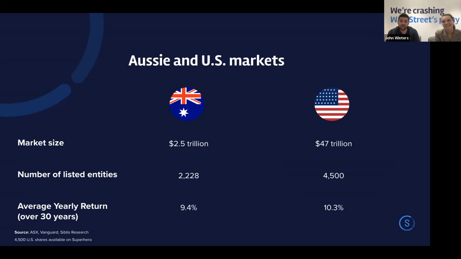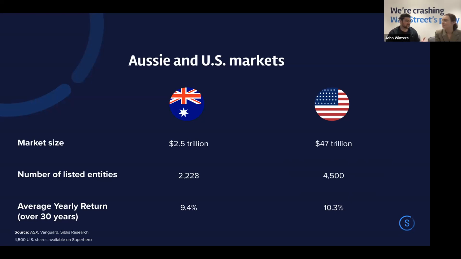You can go from over the counter, so there's no electronic market that they trade on, all the way through to companies like Apple or even Berkshire Hathaway's Class A shares, which cost almost $500,000 per share. So there's a huge range of variety. We've got about 4,500 listed shares on Superhero. Those are shares that you can trade. Fractional shares, we'll go into that a little bit later. But there's a huge amount of opportunity.